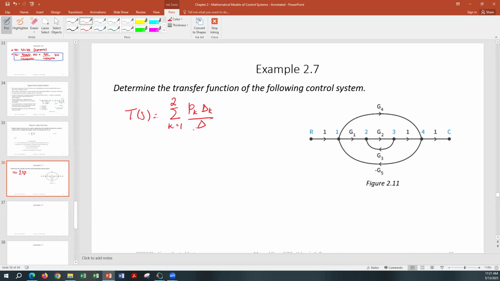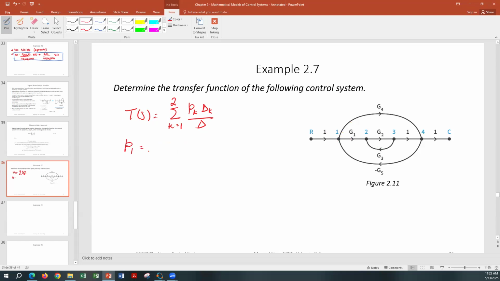One goes directly straight from R to C, and the other goes from R through G4 to C. First, P1 for the straight path. What is the gain of P1?